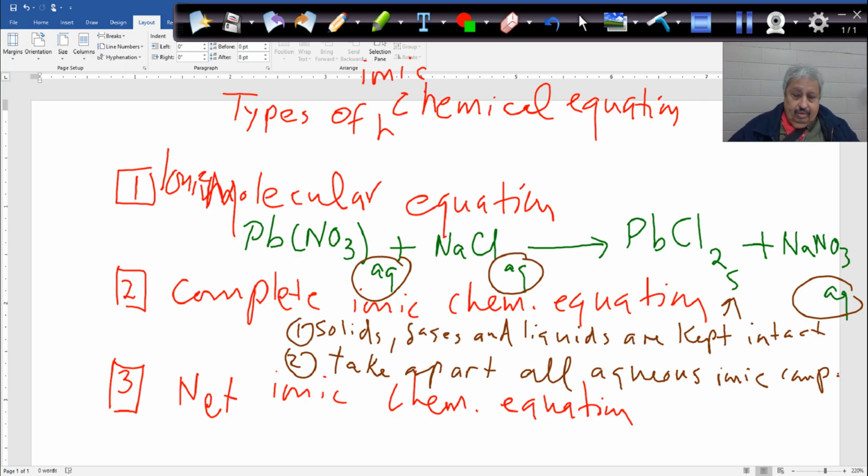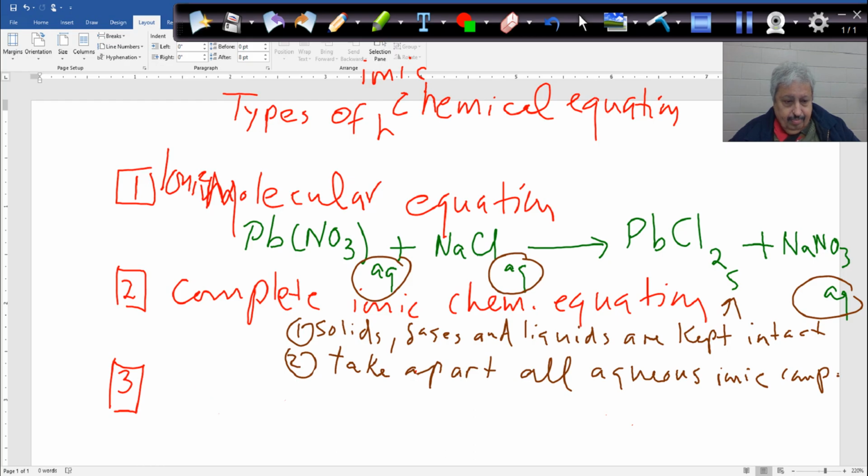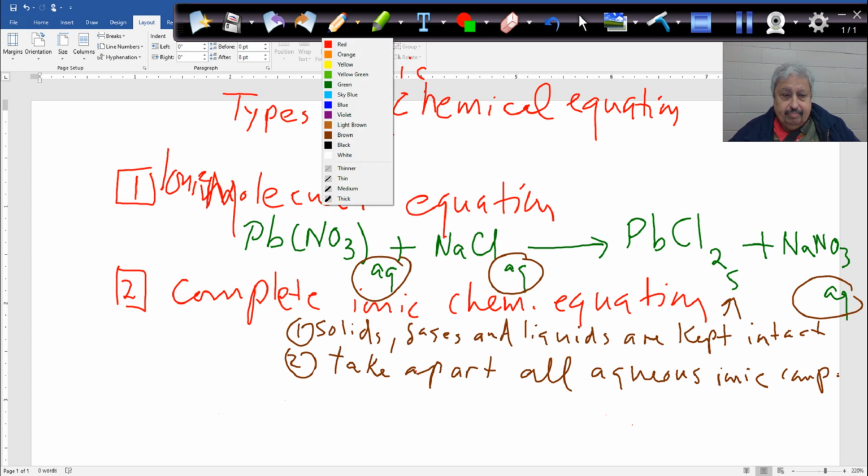So, complete. AQ, those are ionic, so I will take them apart.